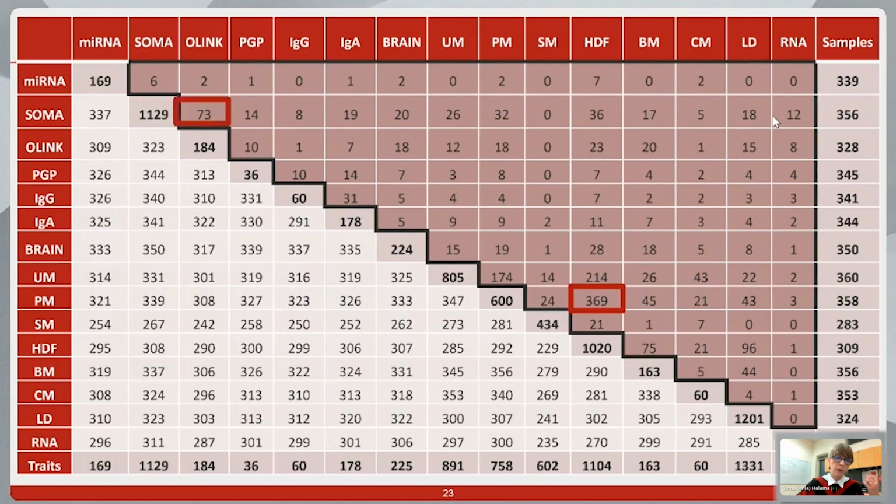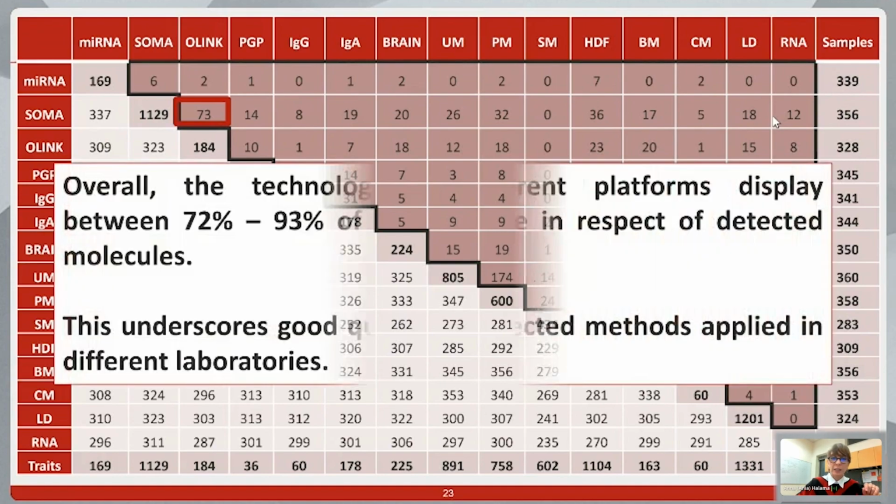We did exactly the same look through the Olink and Soma to see whether or not they are capturing identical molecules, and also for lipidomics platforms. Of course, we were looking at all of them, but I'm only highlighting those.